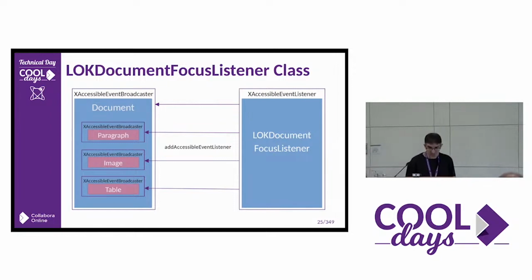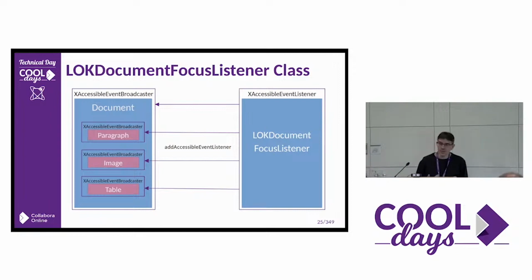This result has been achieved by implementing the XAccessibleEventListener interface, which allows an instance of our class to listen for any event emitted by any accessible object belonging to the accessibility tree for the document.